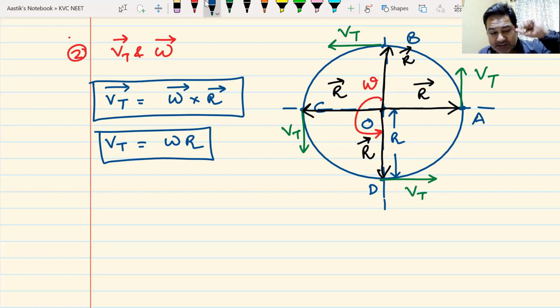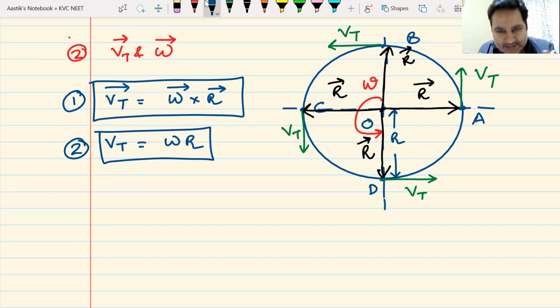Are we getting this relation, everyone? Equation number 1 is the vector relation that gives me both the magnitude and the direction of Vt. The second equation is the scalar equation, which only gives me the relation between the magnitudes. Now this magnitude of Vt, tangential velocity, becomes your speed.